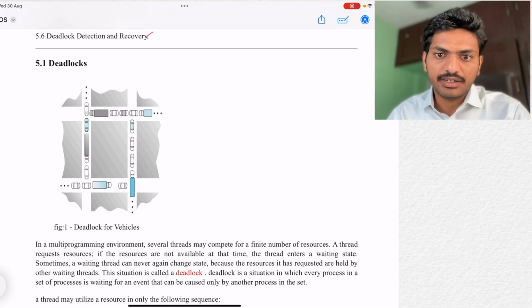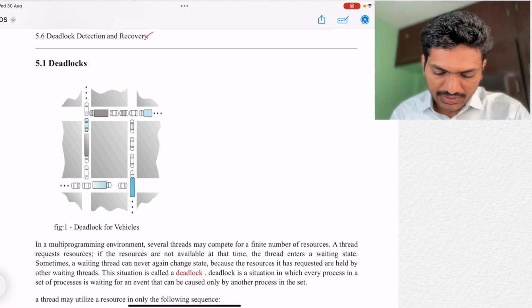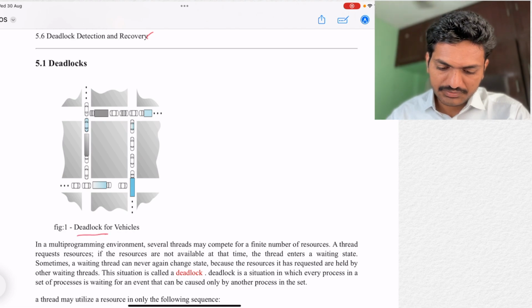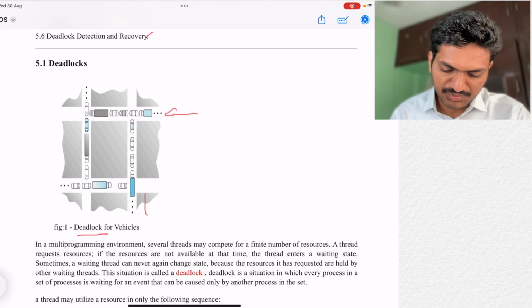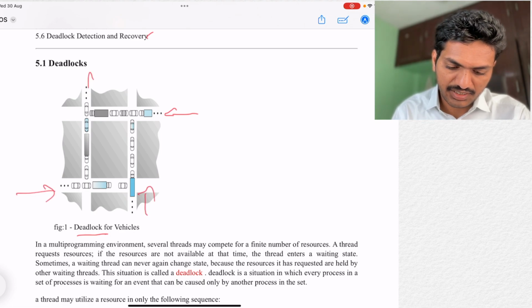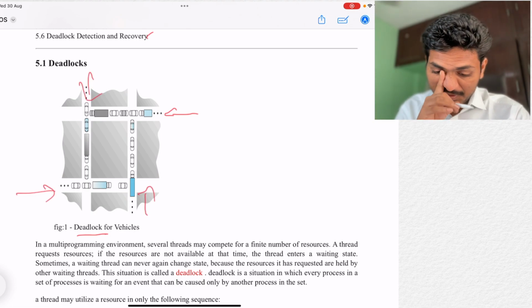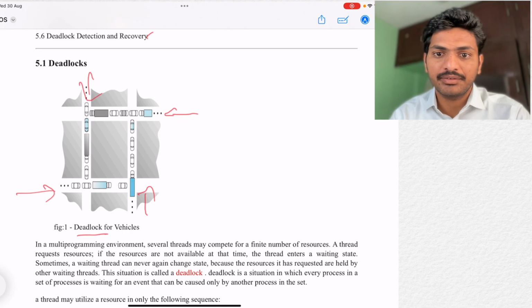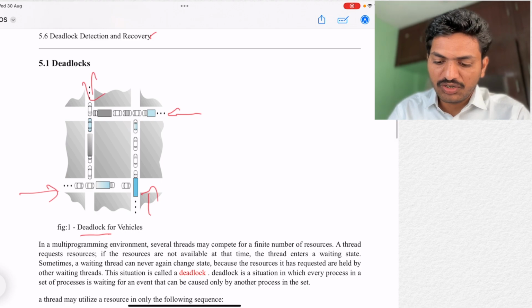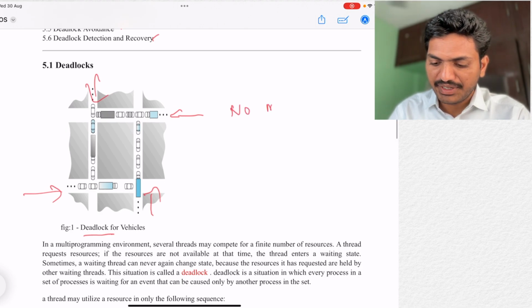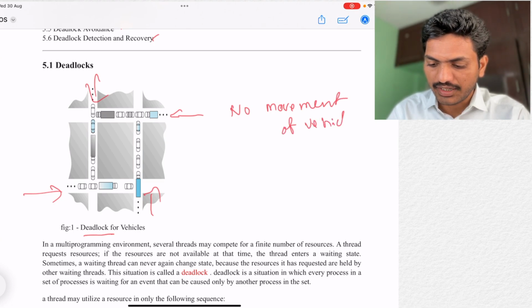See in this diagram, it is a diagram of deadlock. Vehicles are coming from this side, this side, this side, and this side. So all the ways are blocked here. There is no movement of vehicles, right?